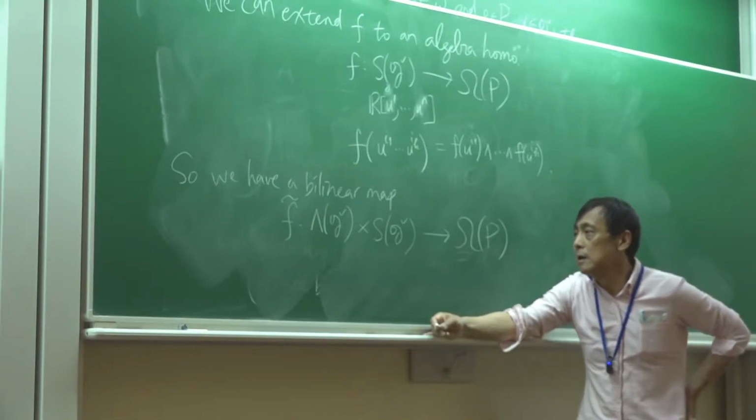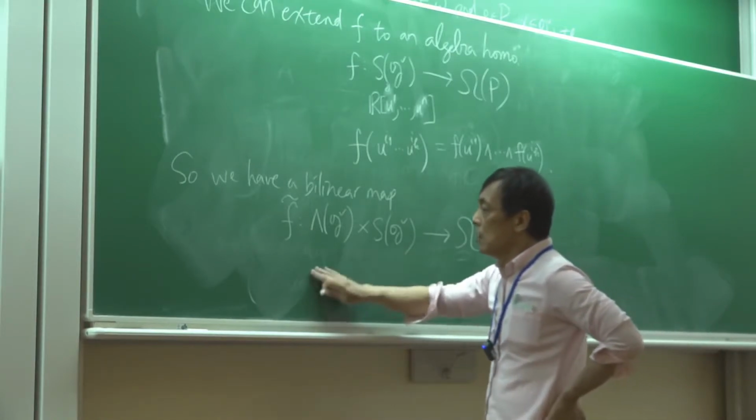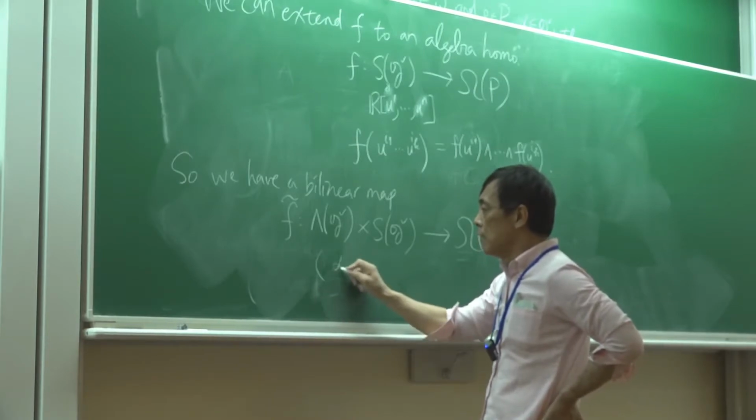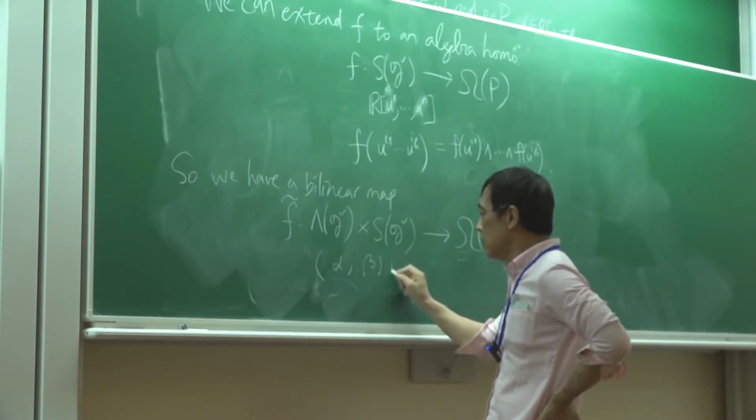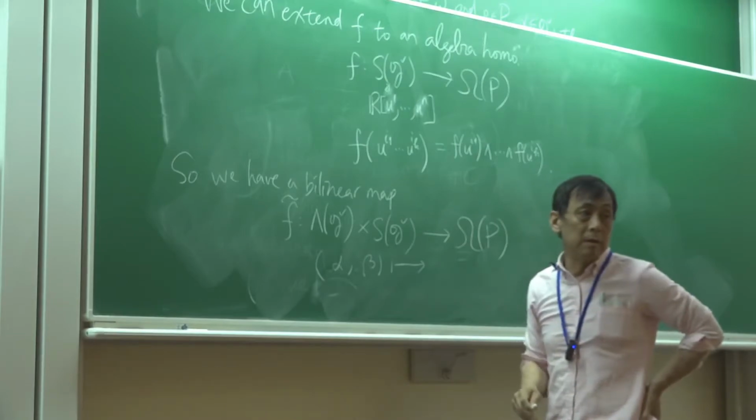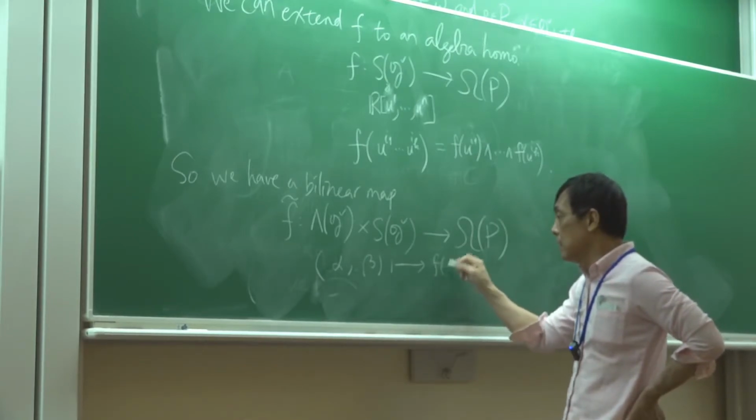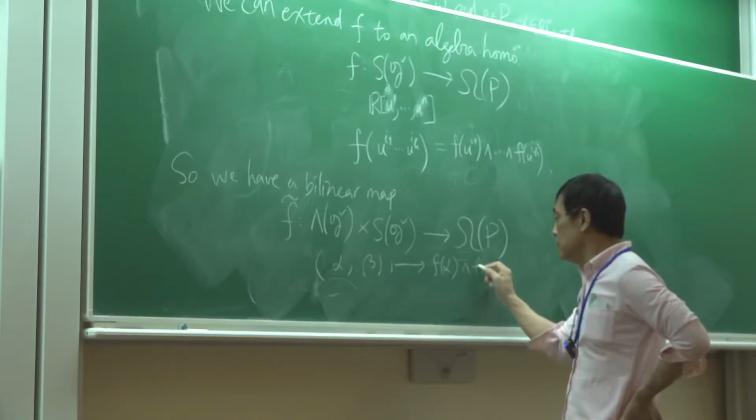So if you have an alpha here and a beta here, you send it to F of alpha, F of beta.